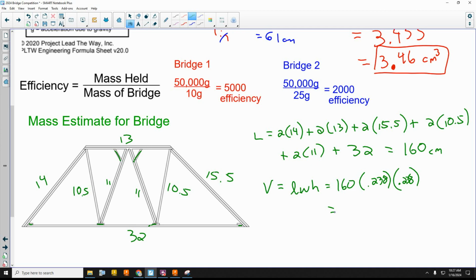So 160 times 0.238 times 0.238. That is 9.06 centimeters cubed.